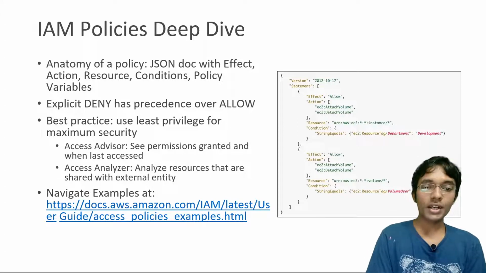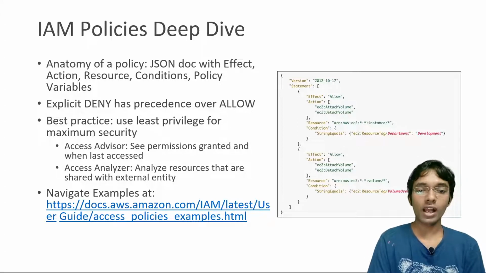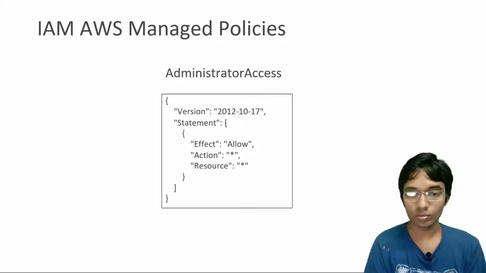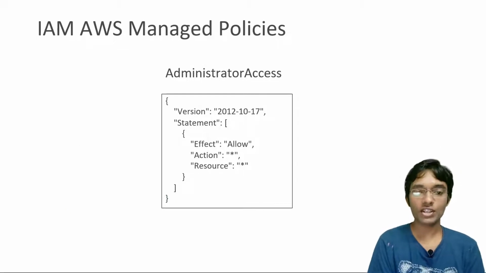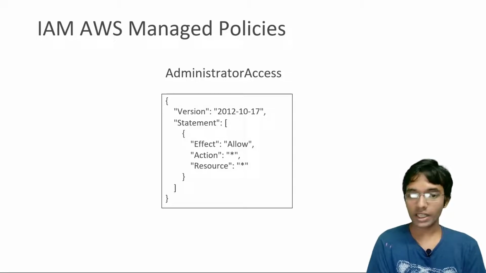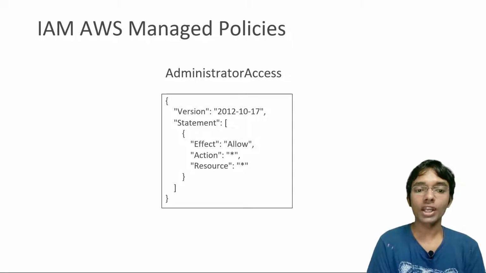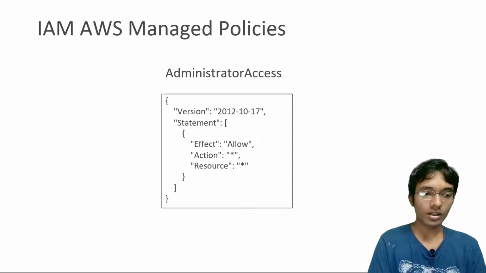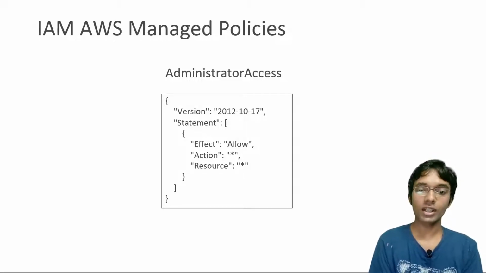A few IAM policies we'll get across. The first is the administrator access policy, meaning that everything should be allowed on any resource. So this is a policy you have to specify. By default, if you set anything in an IAM policy, then everything will be denied.